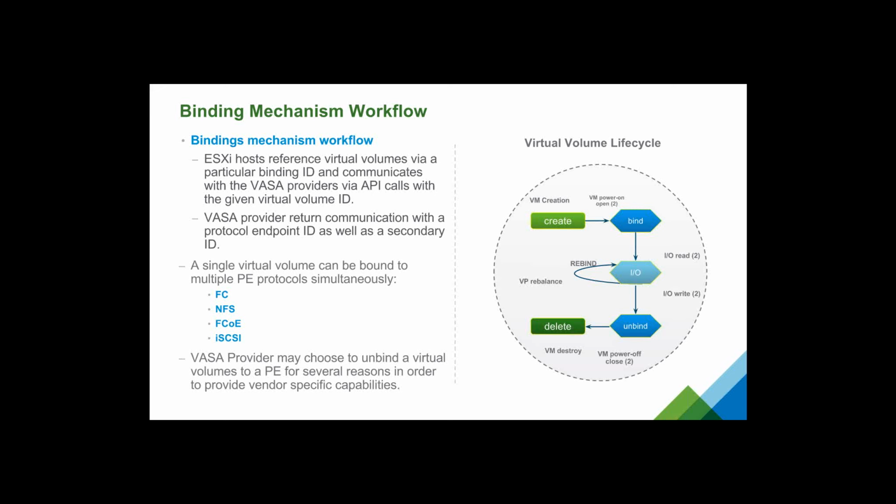So when ESX talks to that protocol endpoint, it's going to pass along the secondary ID of that vVol, and the storage array will know that vSphere is looking for that vVol that was provided that binding. And the bindings work on all of the various different storage protocols.